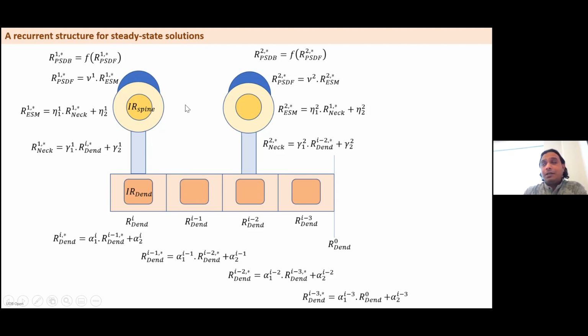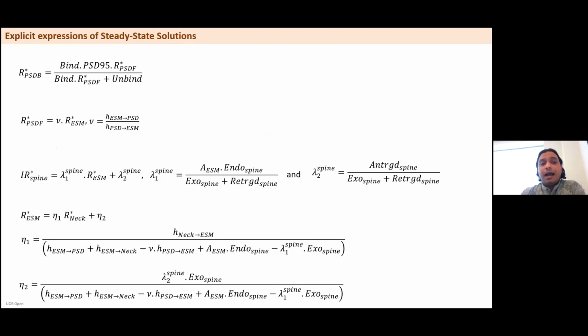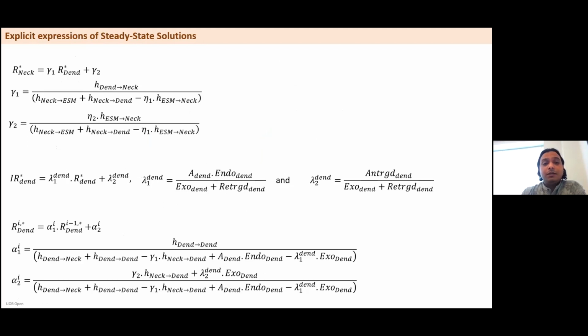And this recurrent structure helped us to examine thousands and thousands of parameters to see how the parameter combinations affect the distribution of the synaptic AMPA receptors in the spines. Now, here I have given the explicit expressions of the steady state solutions, although I won't go into the details, but this is there in the slides, which are available in the Dropbox. So if one is interested in understanding how this recurrent structure works, then one can have a look at it.